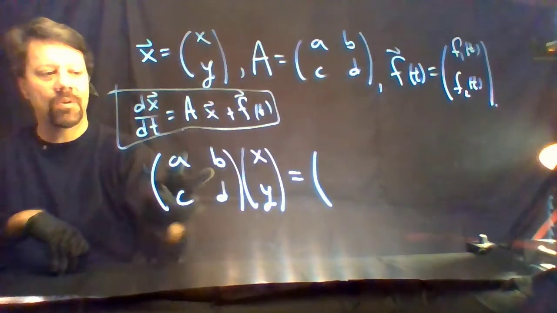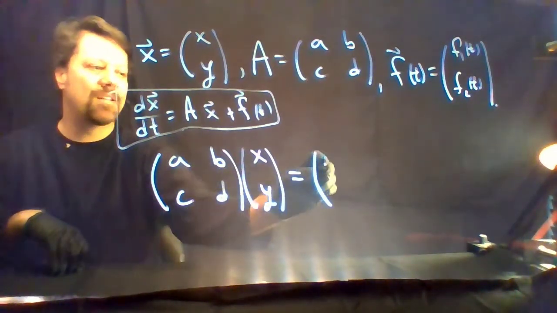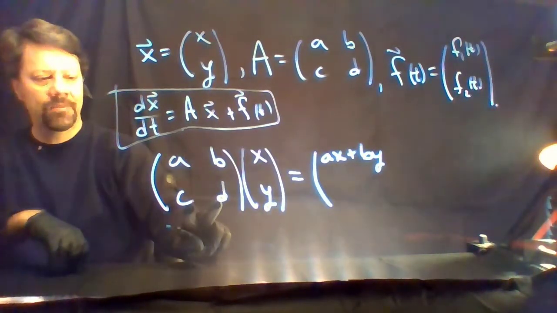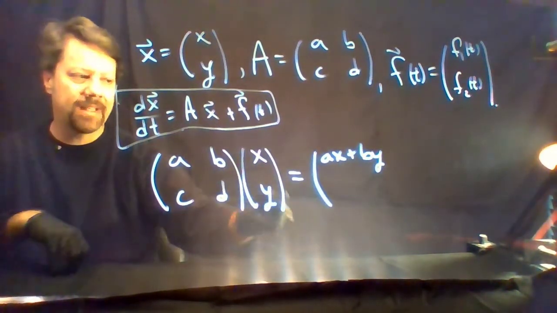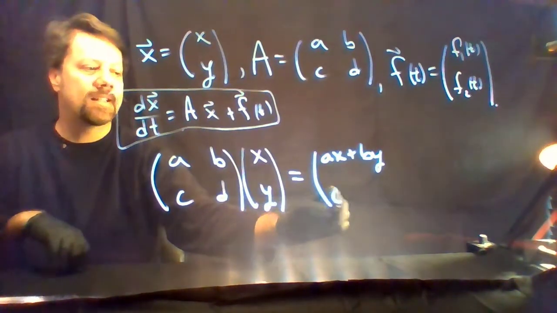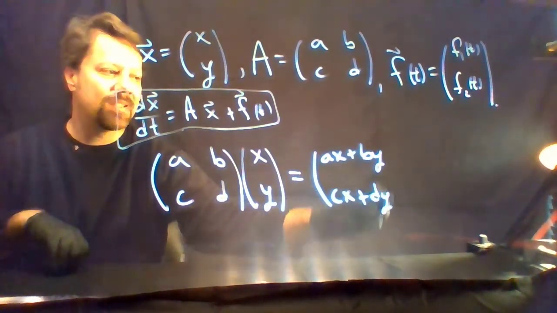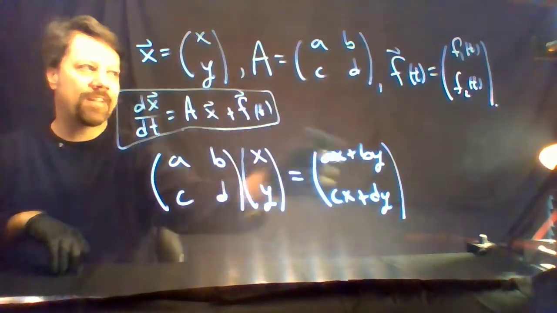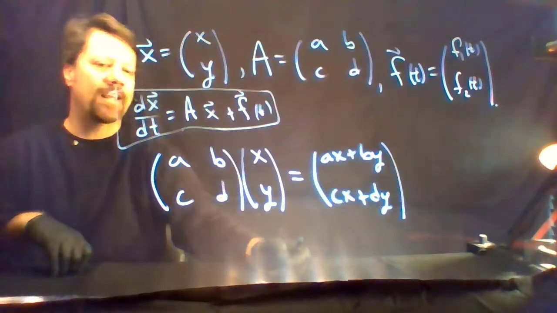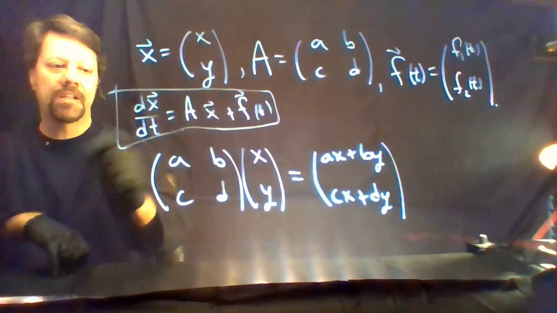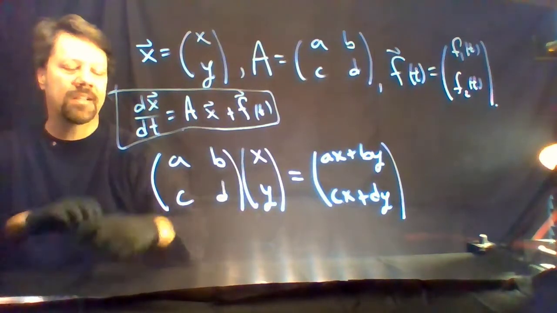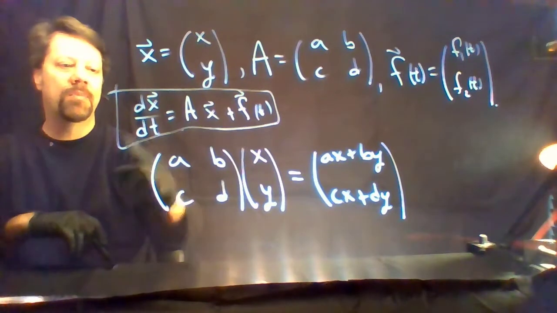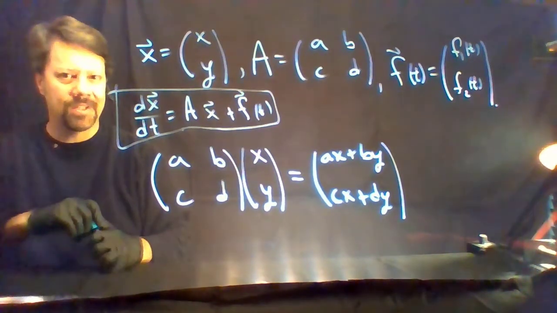We take these two and multiply them over, and then add the products, ax plus by. When we take the second row and multiply it by the first column, we get the entry in the second row, first column. That's going to be cx plus dy. So this represents this expression. We have this added on. We'll add on the f1 and the f2, and that'll be the derivative of the components over here, the derivative of x and the derivative of y. So you can see the equivalence of the linear system with this matrix equation.